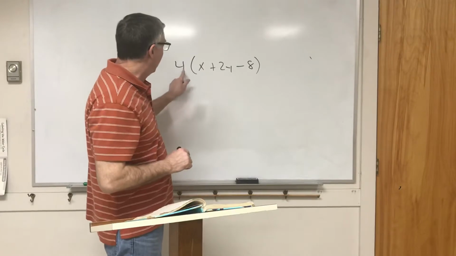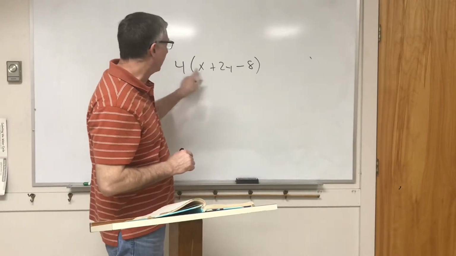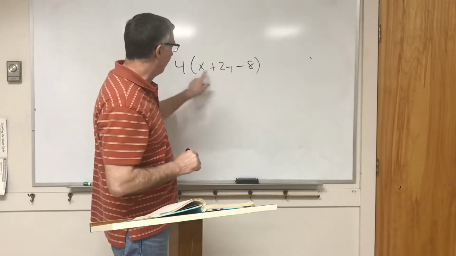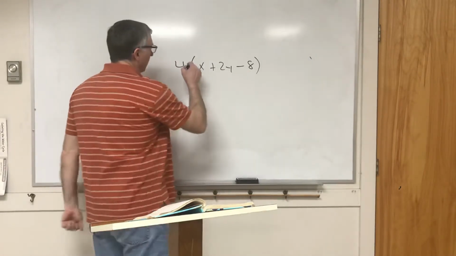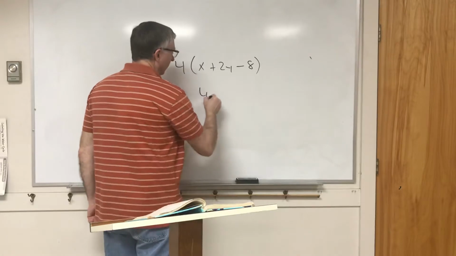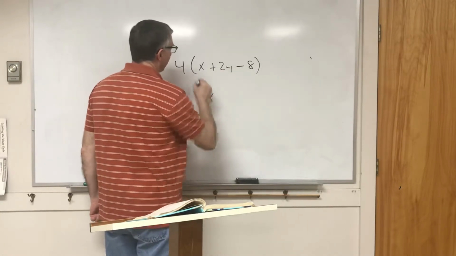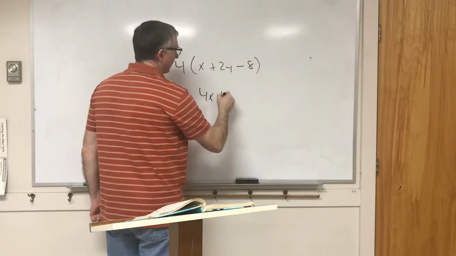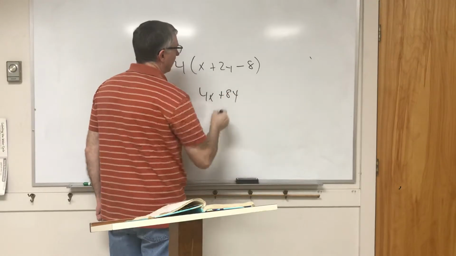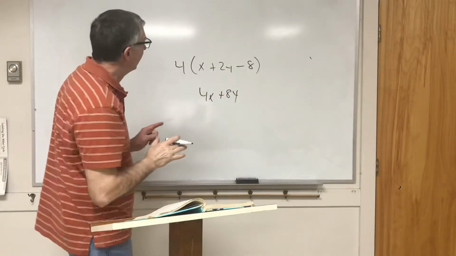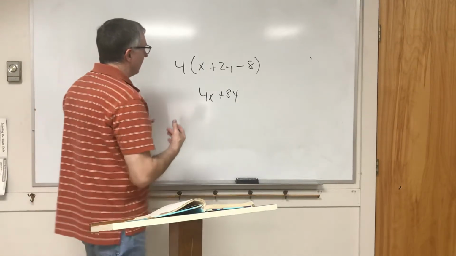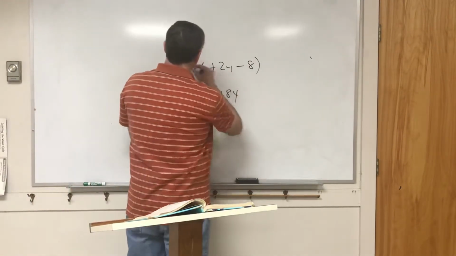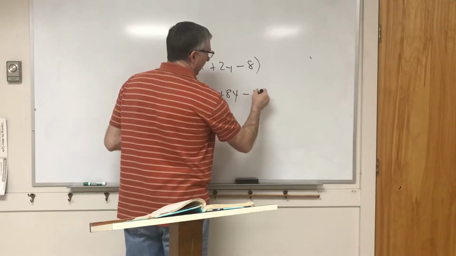It does not matter that 4 and x are not like terms. It does not matter that 4 and 2y are not like terms, and so on. So I have 4 times x, which is 4x. Then I switch to the next term. I go 4 times 2 is 8y. I only multiply the numbers, and then I also go like this: 4 times a negative 8 is a negative 32.